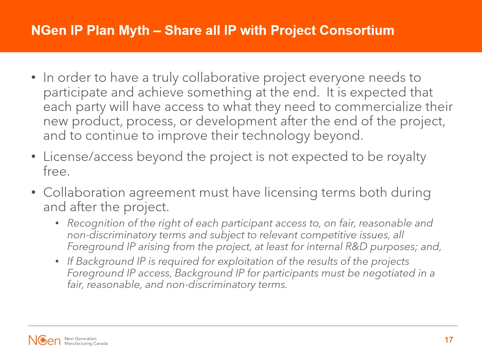We expect that each party will have access to what they need to commercialize their new product or process or development at the end of the project and to continue to improve their technology beyond. That's all we expect. So to the extent that IP is needed for that, then that will have to be negotiated between the parties where it makes sense. But to the extent that IP is not needed for that, then it doesn't need to be shared at all.